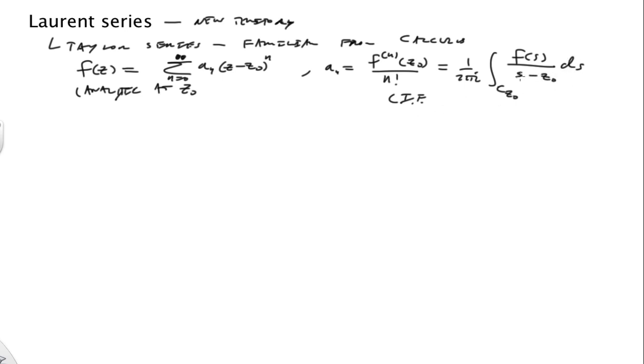Sorry, that's to the n plus 1 power down there. So we keep seeing this Cauchy integral formula all over the place, and it turns out it's way more general than just finding derivatives.